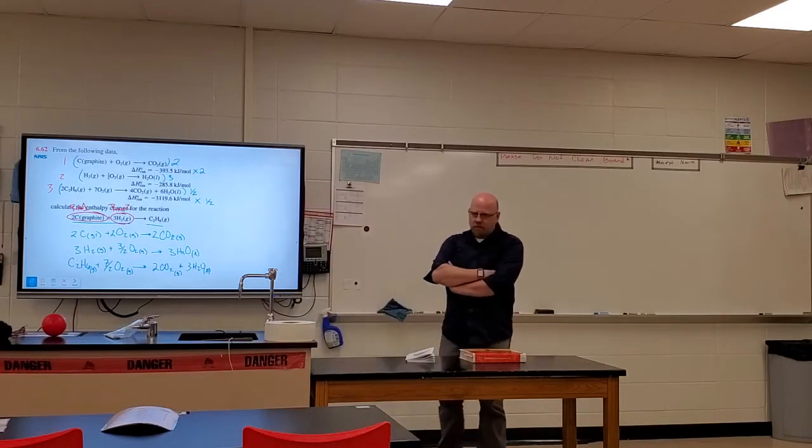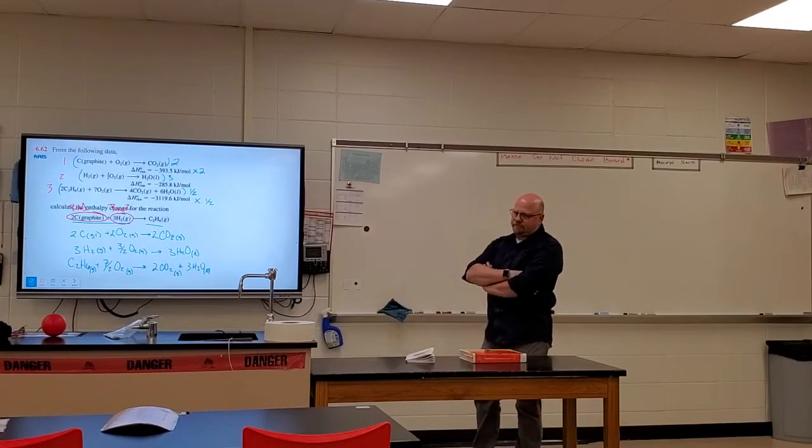What it's saying is 2C graphite plus 3H2 is equal to C2H6. Yep. But our C2H6 is on the product side, the one we want, correct? And where did you say to put it? Reactant side.